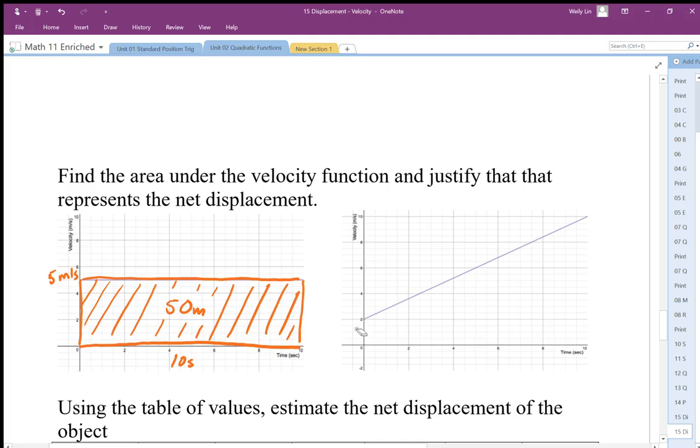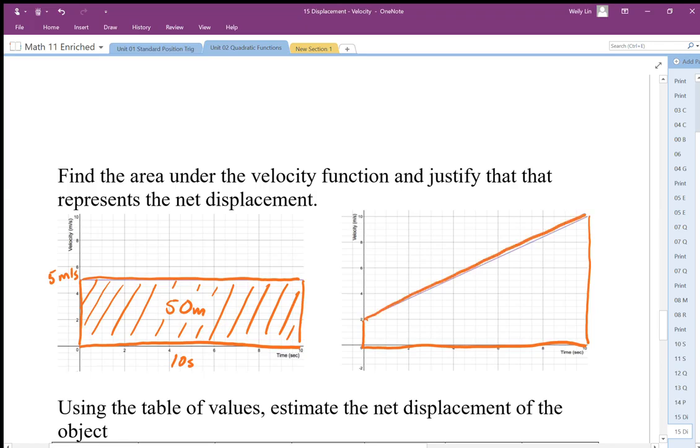Now, if this area is the displacement, although this is not constant velocity, if I look at the shape of this, I could say that this is a trapezoid shape, and I do know how to calculate the area of a trapezoid.